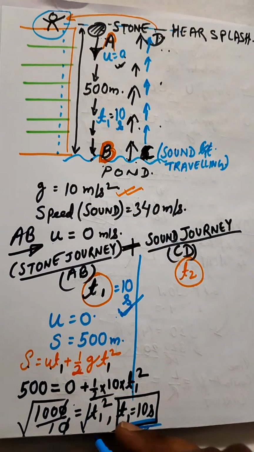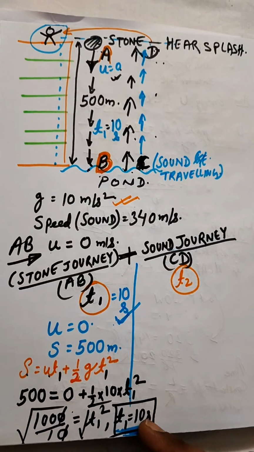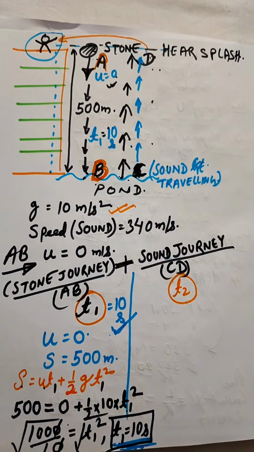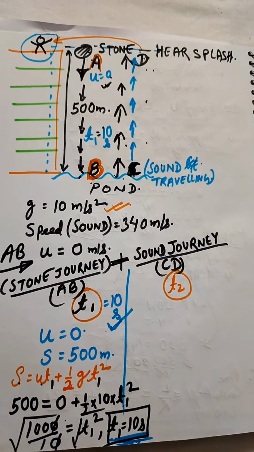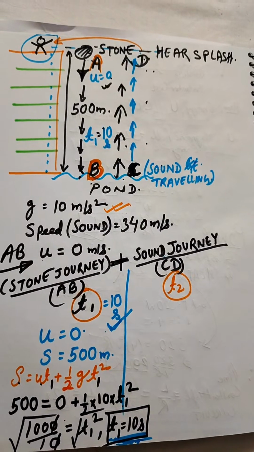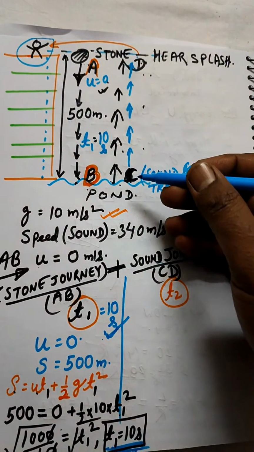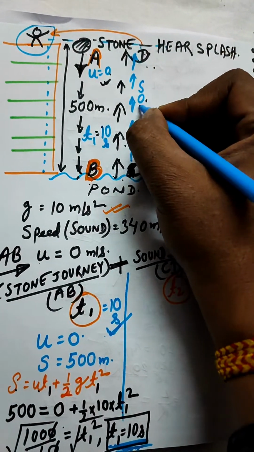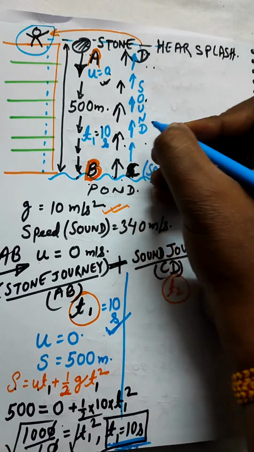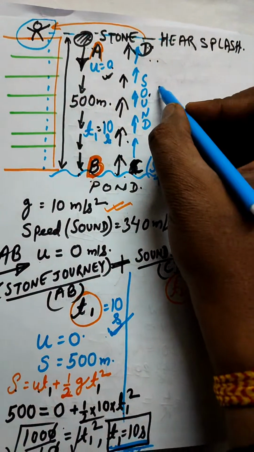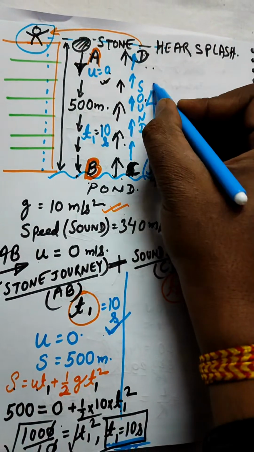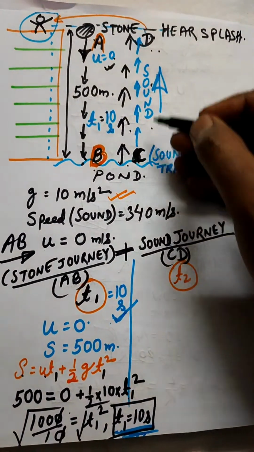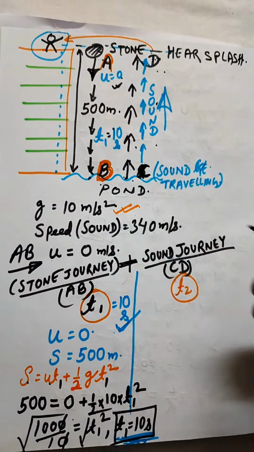So for the first part, we have calculated 10 seconds taken by the stone to reach the pond. And after that, sound is generated, and the sound just follows the path of CD, right? In this way, what is the time taken by the sound?